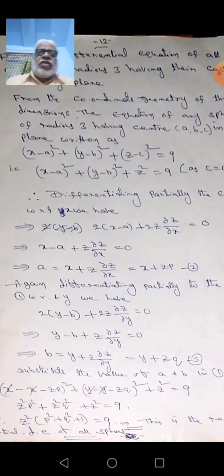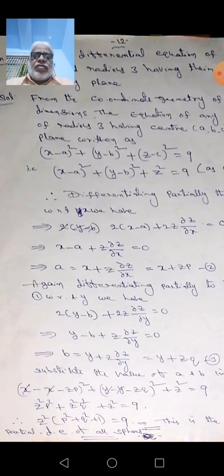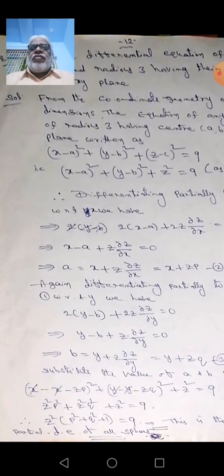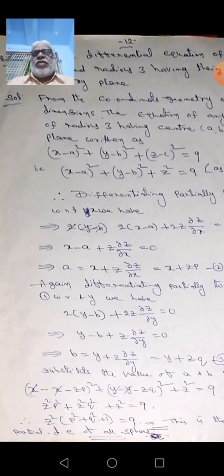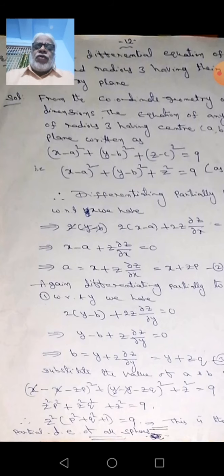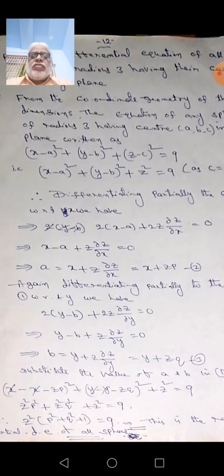So this is the algebraic equation. This algebraic equation can be changed into a partial differential equation. That is, (x minus a) whole square plus (y minus b) whole square plus z square is equal to 9.